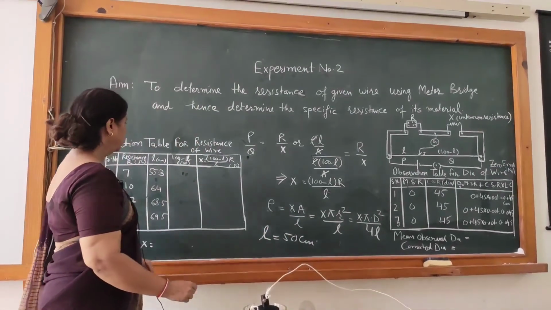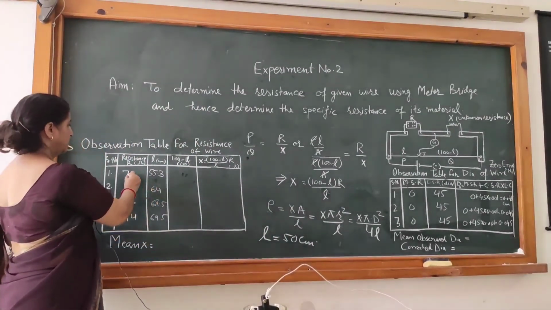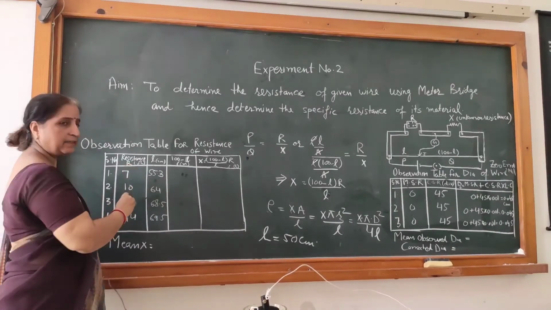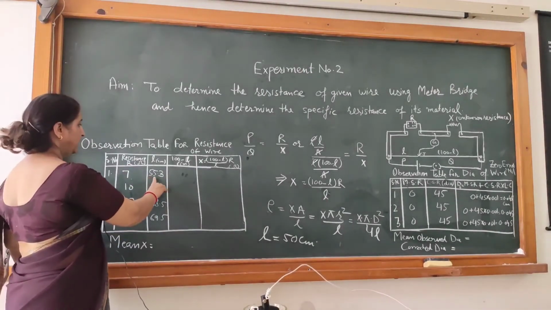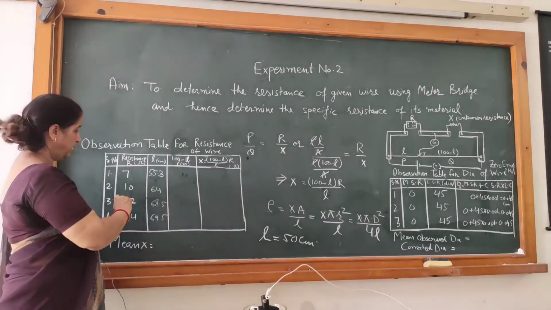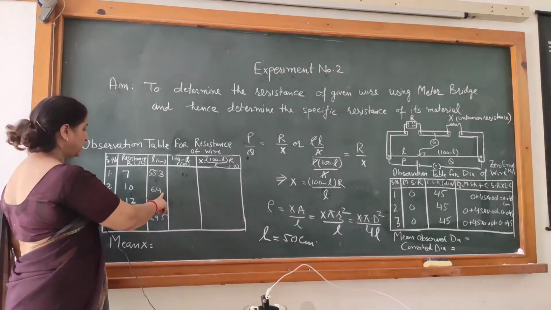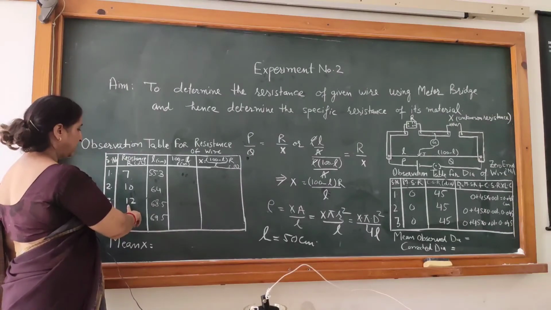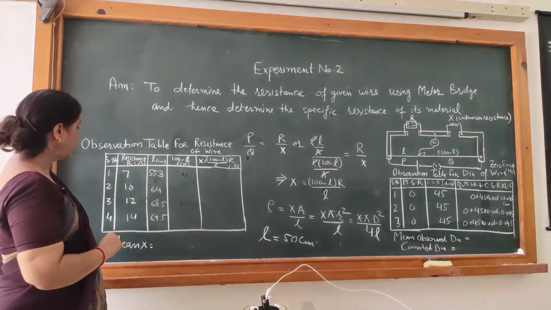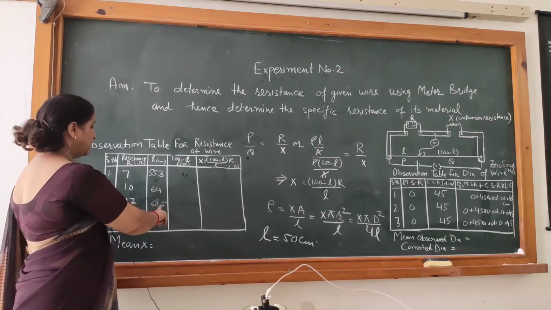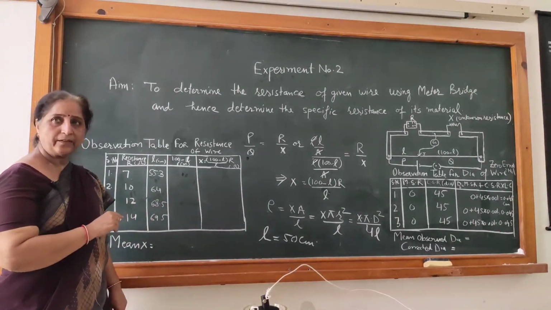Suppose when you introduce 7 ohm resistance, the null point is at 55.3. When you introduce 10 ohm resistance, the null point is at 64 centimeter length. When 12 ohm is introduced, then 68.5 is the position of the null point.